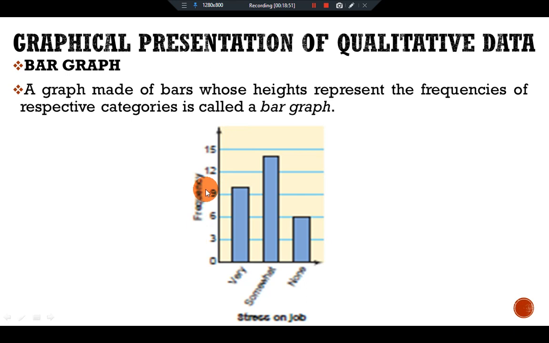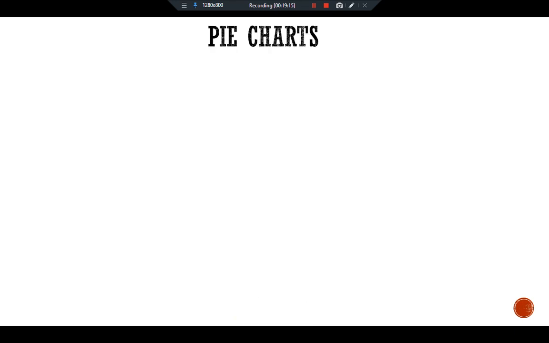Sometimes a bar graph is constructed by putting the categories on the vertical axis and frequency on the horizontal axis, depending upon our choice of variables. So let's talk about the pie chart.